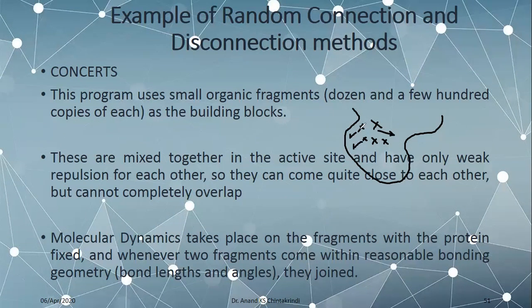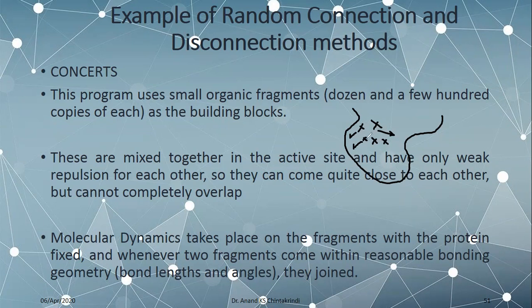Okay. Now, whenever this fragment, say x1, and this x are coming in close contact with each other, such that they can have a suitable bond length, say for sp3 carbons it is 1.53 angstroms, and say at an angle of 109, so it will be bonded.